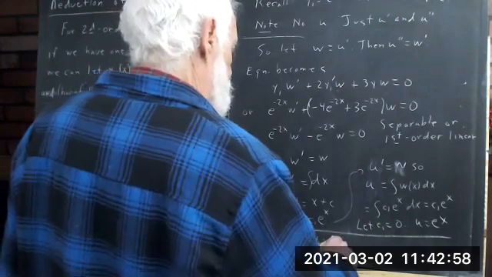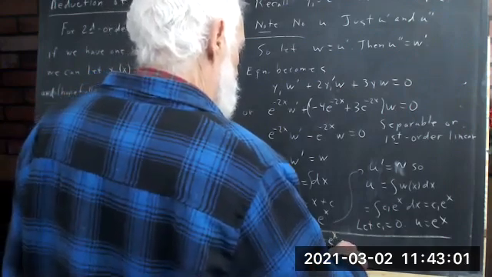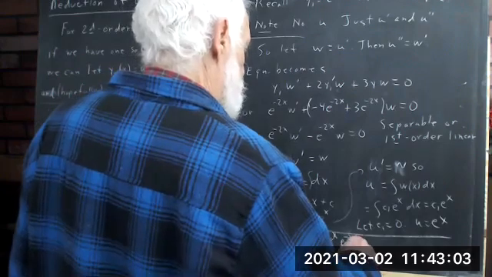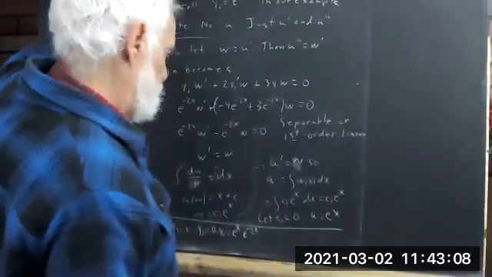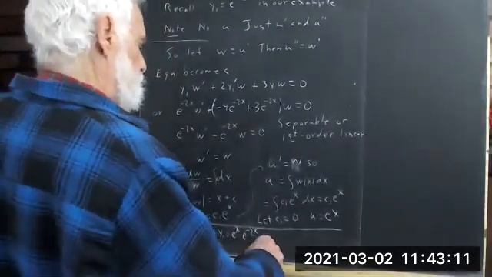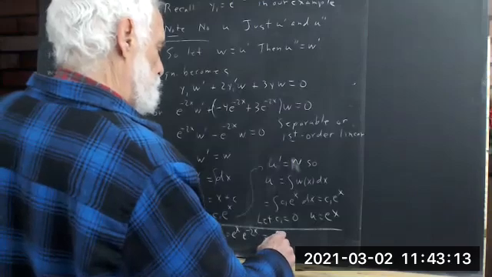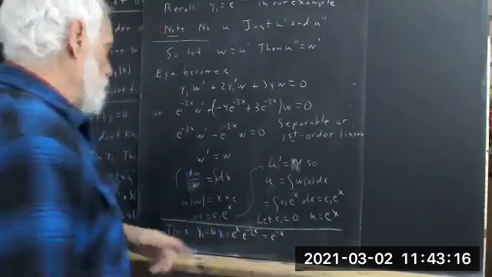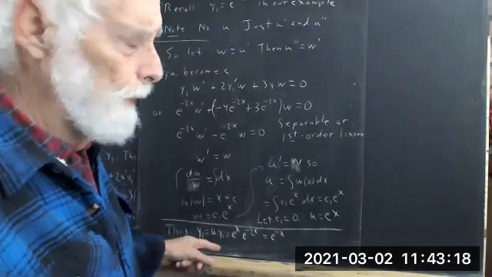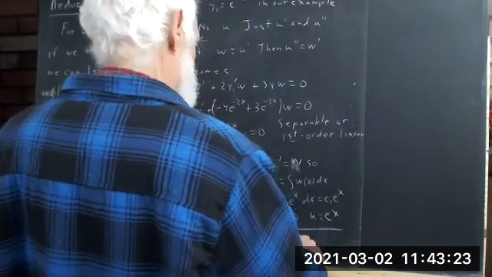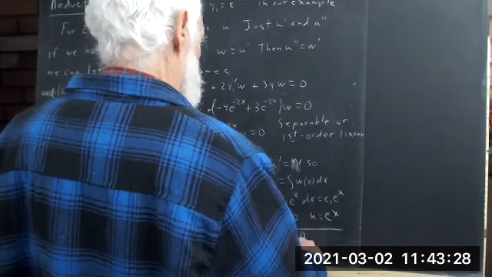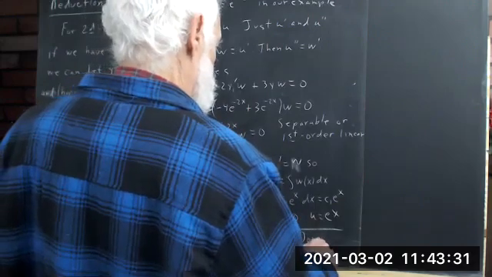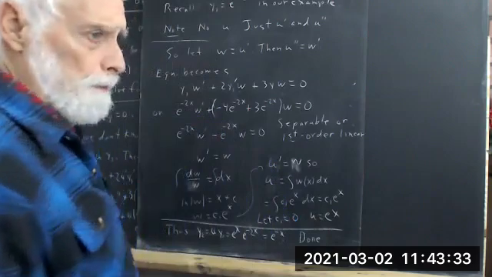And that's e to the x times e to the negative 2x, and that's e to the negative x, which we already knew was going to be our solution. And now we're done.